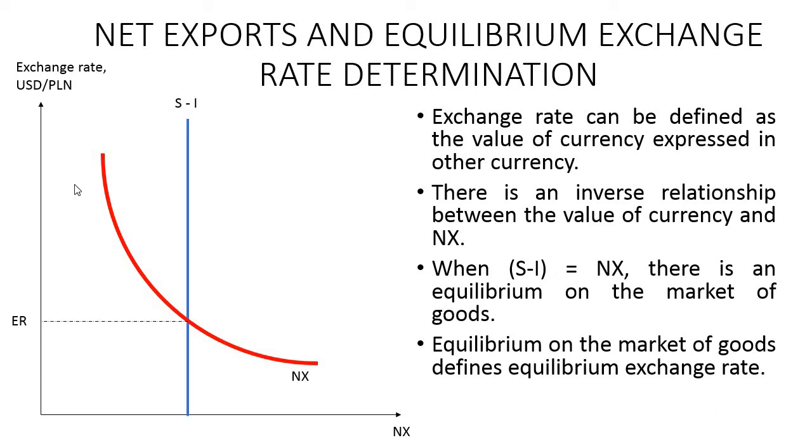Here you pay more US dollars per 1 Polish zloty, and here you pay less. Accordingly, with a higher value of the Polish zloty expressed in US dollars, the volume of exports is smaller, and for a lower value of the Polish zloty, the volume of exports is higher.